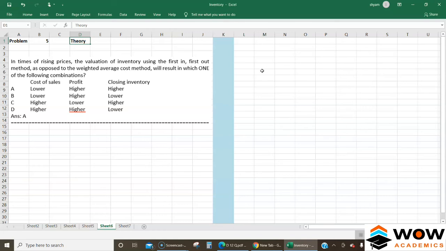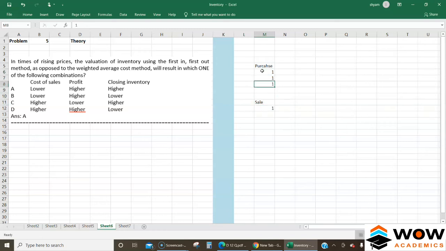Assume a company has 3 units. Okay, unit 1, 2, and 3. Each time they buy these units, first unit, second unit, and third unit, and finally they sell. So this is the purchase, and the sale is just 1 unit.